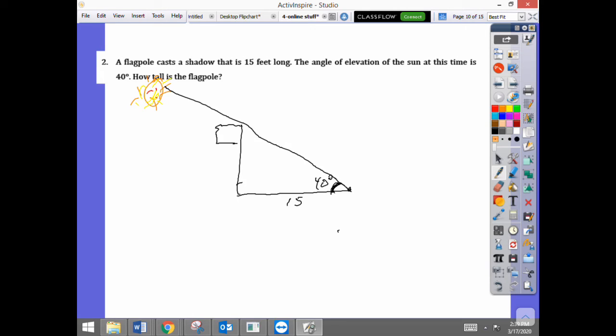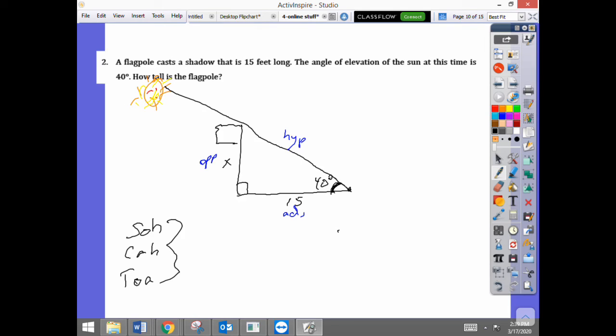Again, if you notice, we have made a right triangle. Most flags are perpendicular to the ground. We want to know how tall the flagpole is. Again, label. Where's the opposite side? Where's the adjacent side? Where's the hypotenuse? I'm going to write SOHCAHTOA over here.